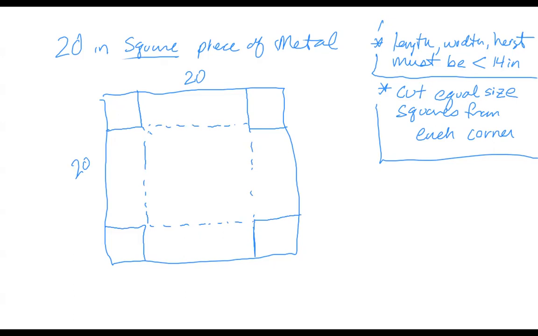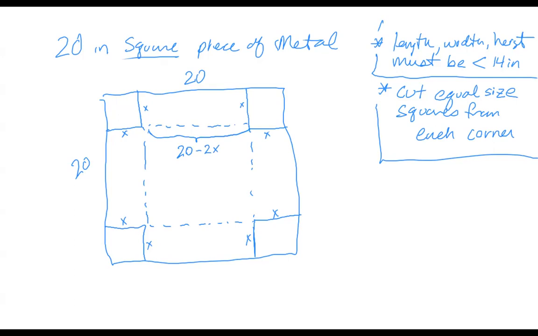And so if we're cutting a certain size square, which is going to be my X, as I look at, say, the length of this side in here, this is going to be 20, taking away 2 X's, minus 2X, and that'll be some number, whatever that number is. That'll be the width, length, whatever of one of the sides.